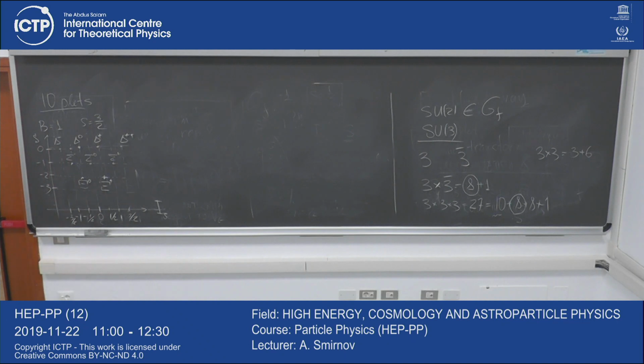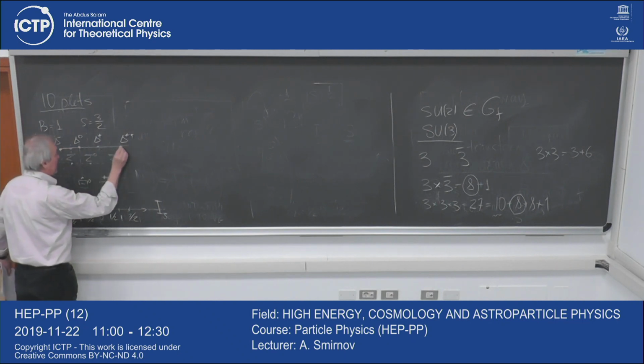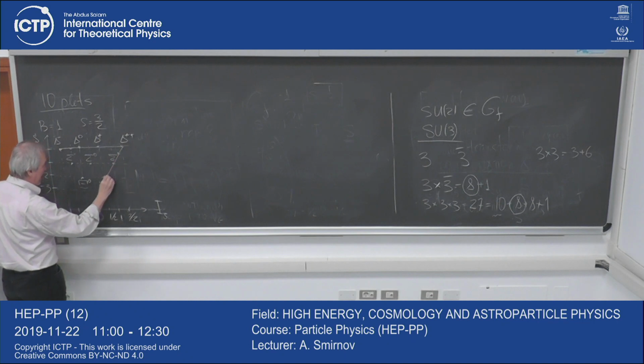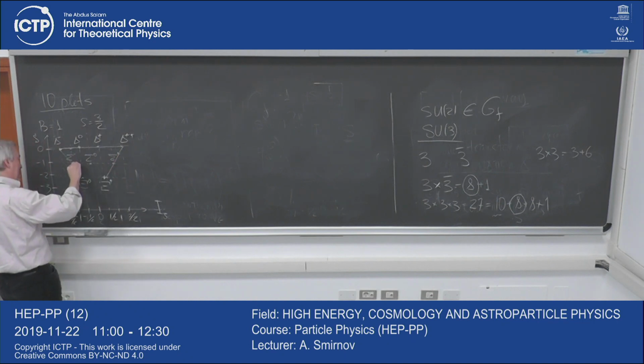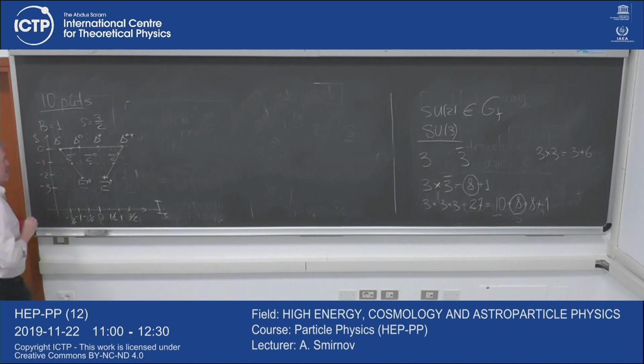And by the time of development of this eightfold way, only 9 components were known. So you can connect in this way. And then if you really have this SU3 symmetry, you need to have 10 components because there's no representation 9.